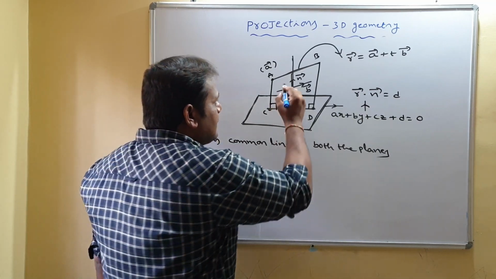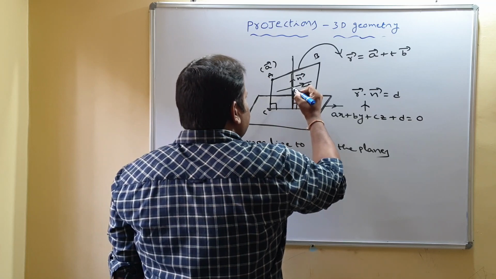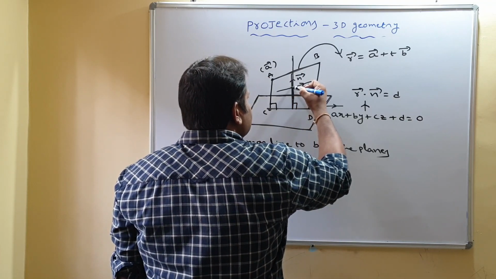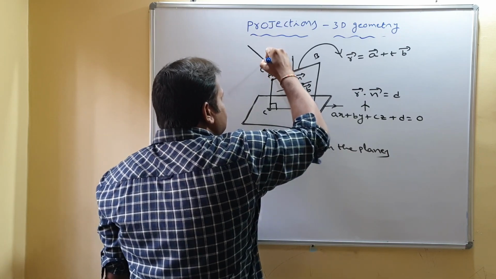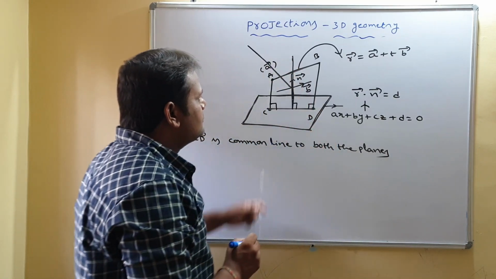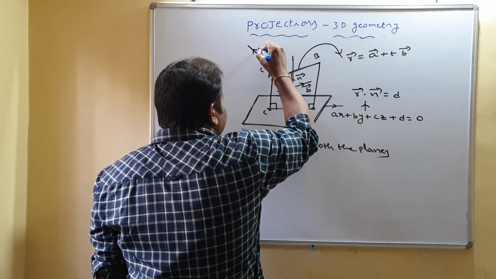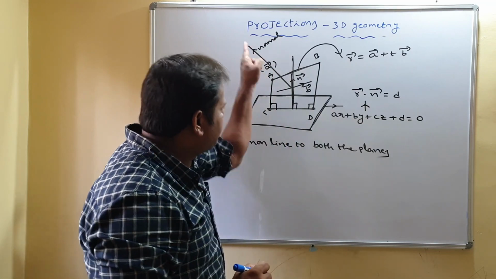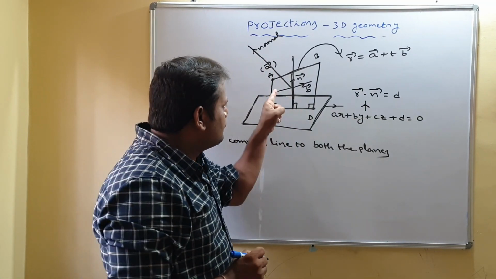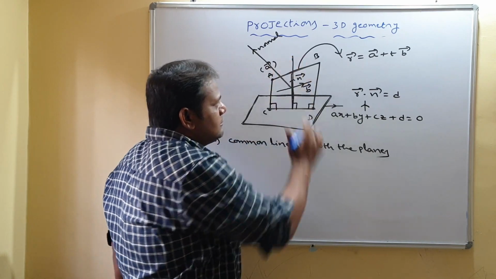Coming to this, we want the normal vector to this plane. Suppose this is normal to the plane. This normal is perpendicular to both b bar and n bar.